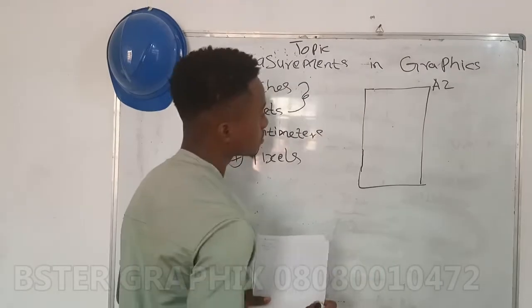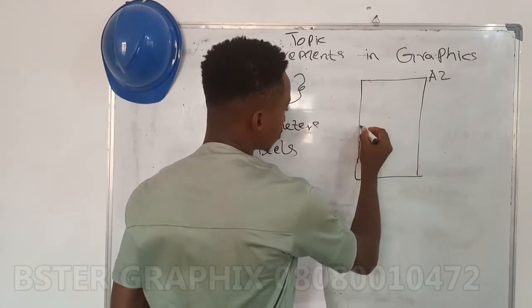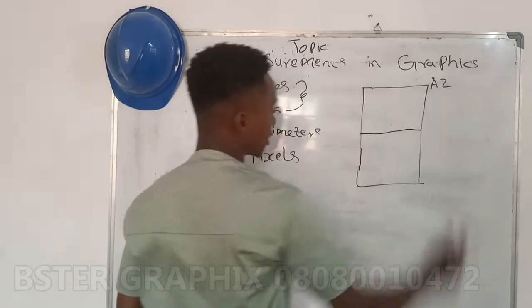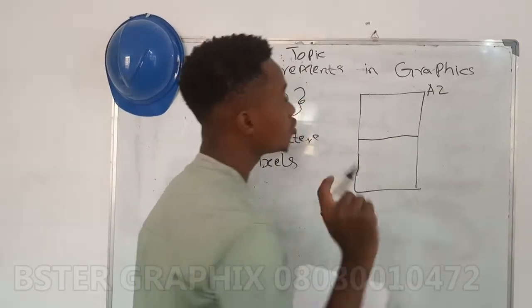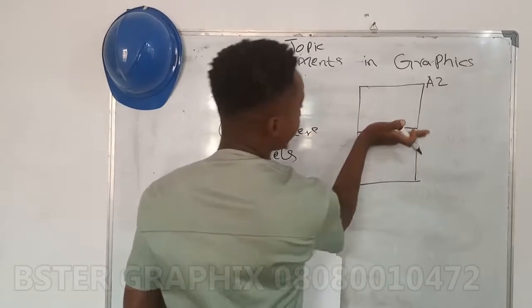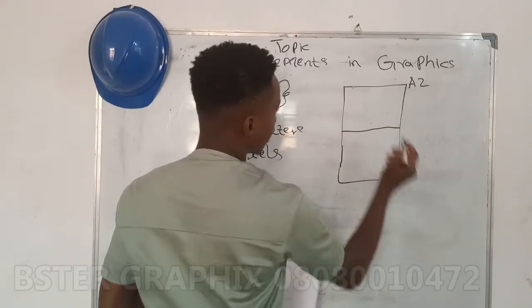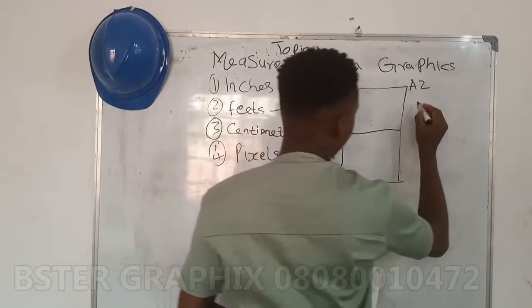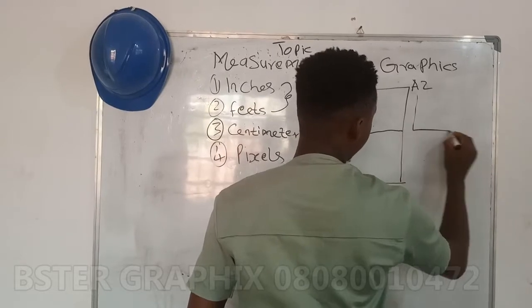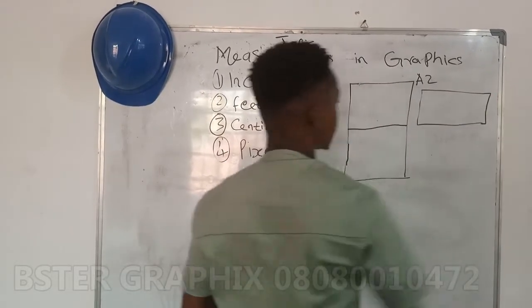So now A2 paper, if you divide A2 paper into two equal parts, like if you use scissors and divide A2 paper into two equal parts, that means you will have another paper here, another paper here. If you divide A2 into 2, you have another paper like this.